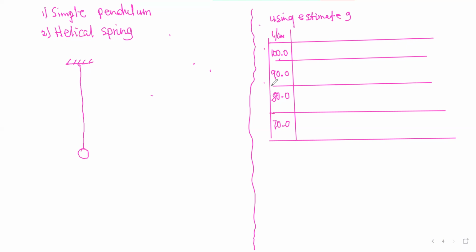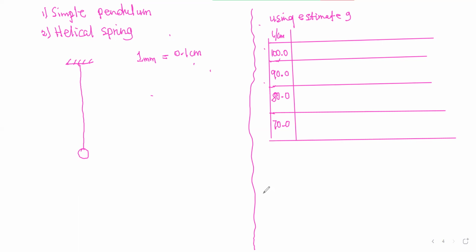The meter rule used for taking the measurement has a least count of 1 millimeter, which is also 0.1 centimeter. So once I'm expressing my length in centimeters, it must go with the least it measures. That is why it is the whole value and then 1 decimal place recorded.